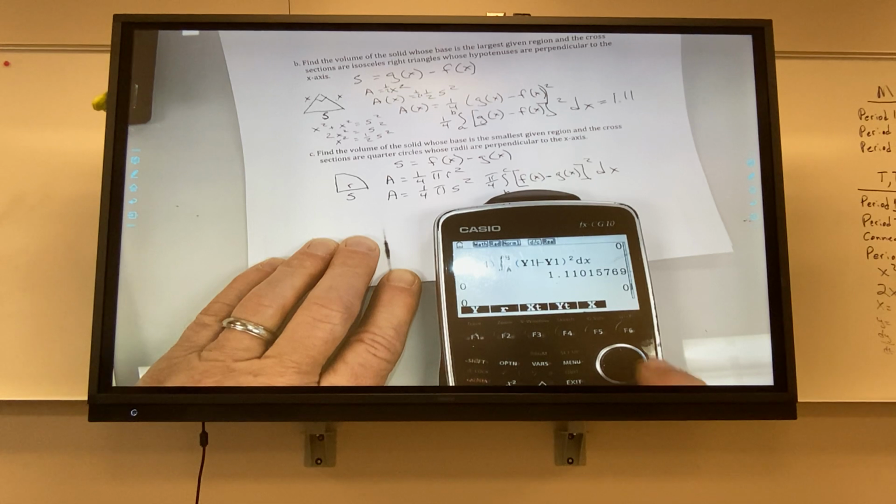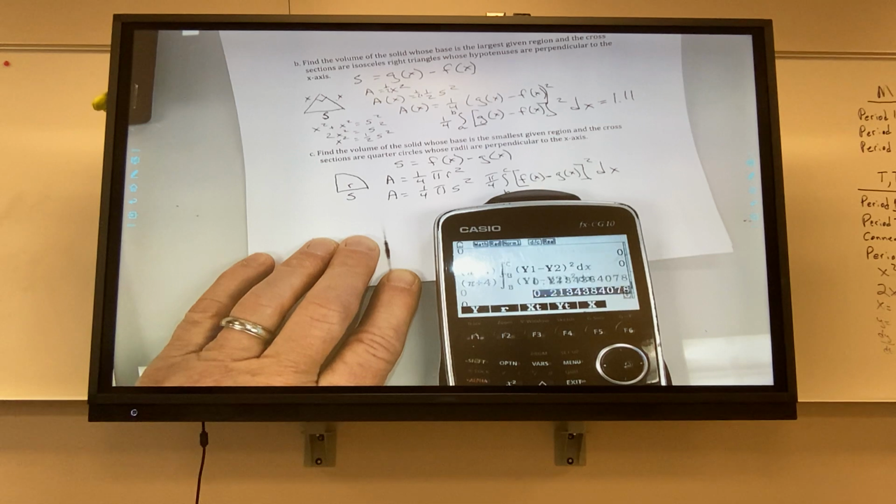That's what's nice about Casio. I can do this, edit really nicely. Make that a 2. That's still going to be the same. Delete this. Make this alpha B. Delete this. Make this alpha C. And I got 0.213.